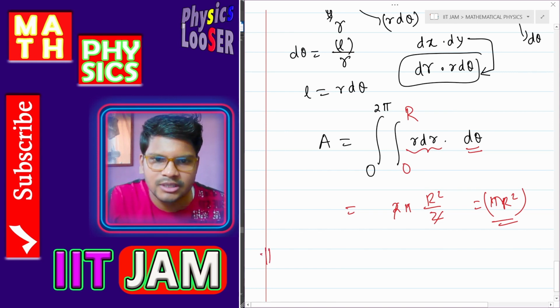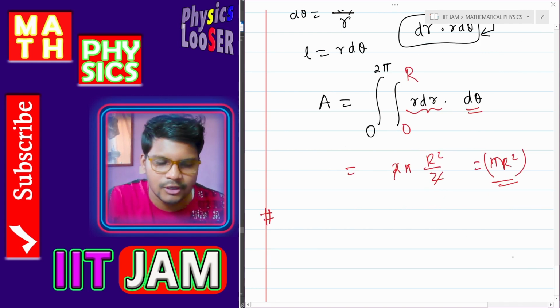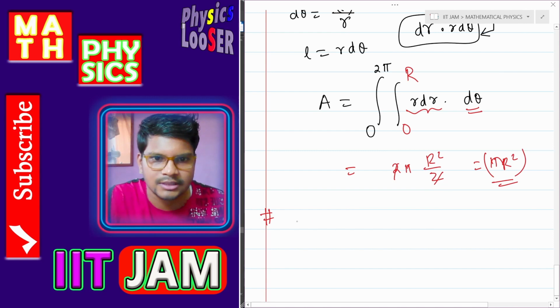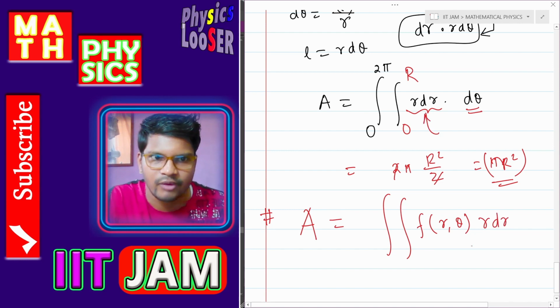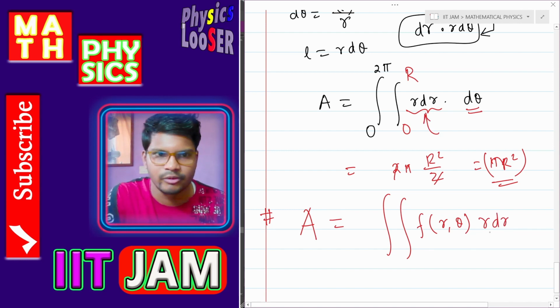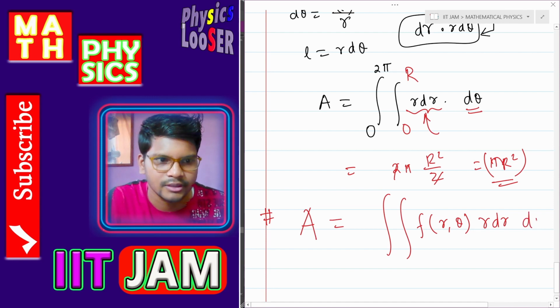Now the same analogy can be applied: if you have any kind of function over some particular region, then I can just write the integral of f of r comma theta. First I am going to do this dr. Well, I have to write r dr, because this is how we find it. Wherever we will go, you have r dr and then d theta.